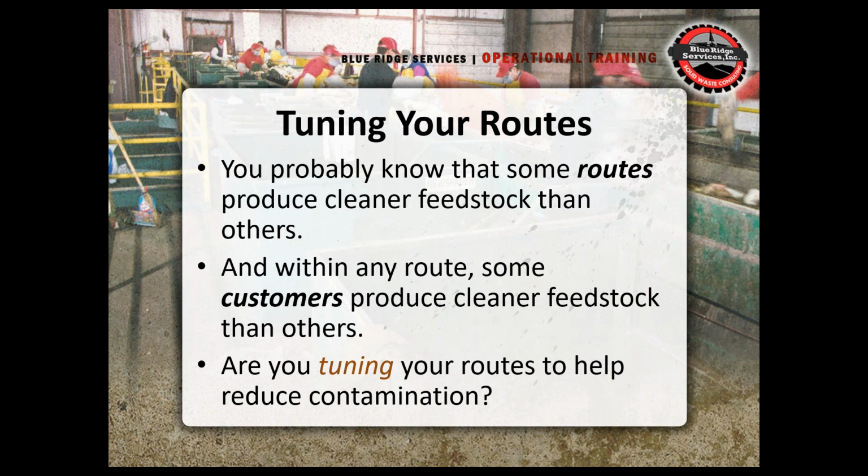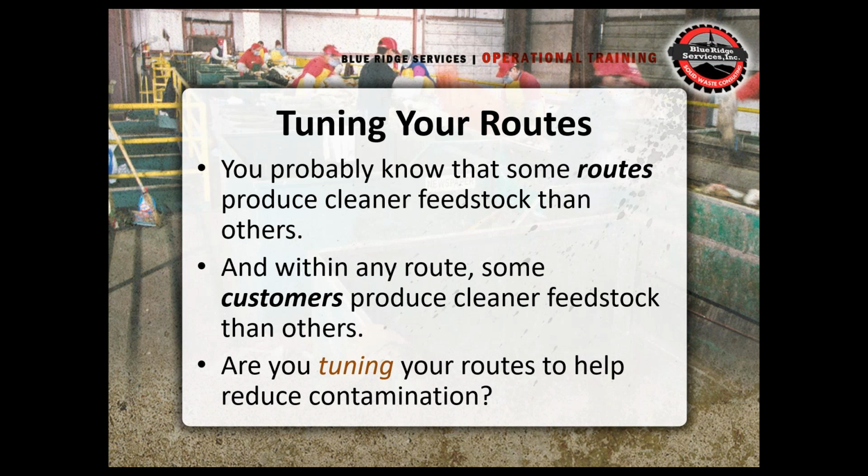You also know that a lot of contamination comes from your routes. Some routes produce cleaner feedstock than others, and within any route, some customers produce cleaner feedstock than others. So if you're picking up cardboard from a box store, chances are you're going to get some pretty clean cardboard.